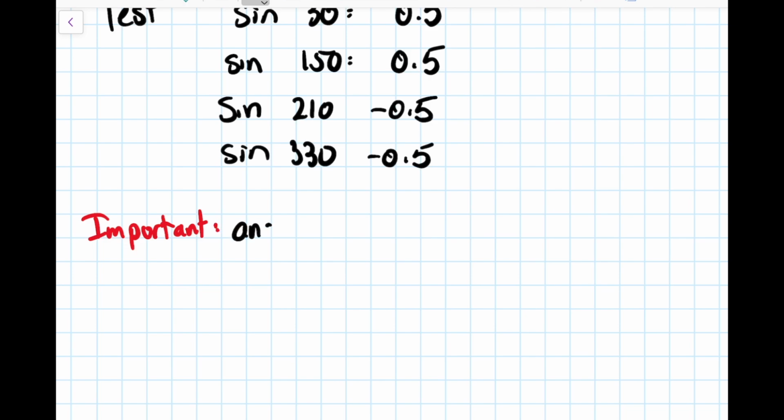So angles with the same reference angle. Here, every angle with a reference angle of 30 degrees, which itself includes 30 degrees, will always have the same trig ratios, no matter what, with the exception of maybe the plus or the minus.